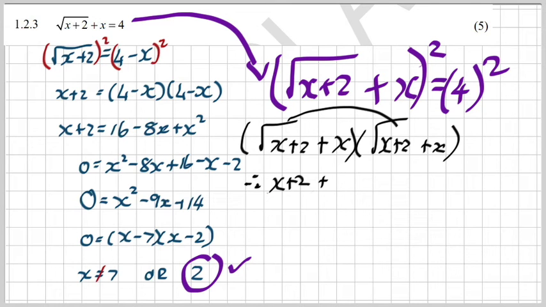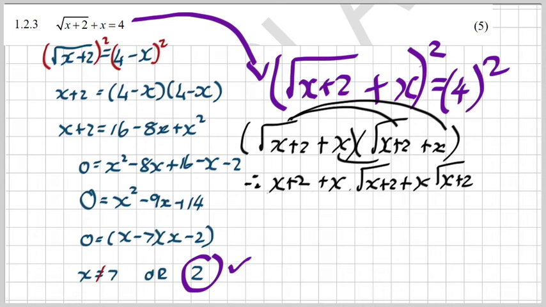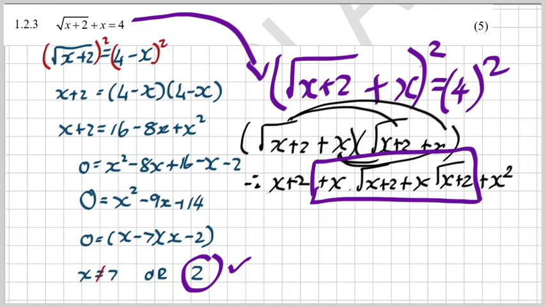If I multiply out, I'm going to sit with x plus 2, because the surds divide away. But then I'm going to sit with x times root x plus 2, which is that one there. And in the middle, I'm going to sit with another x root x plus 2. And then I'm going to sit with my x squared for those ones. Now, ladies and gents, I am sitting with a humongous issue in our middle terms.